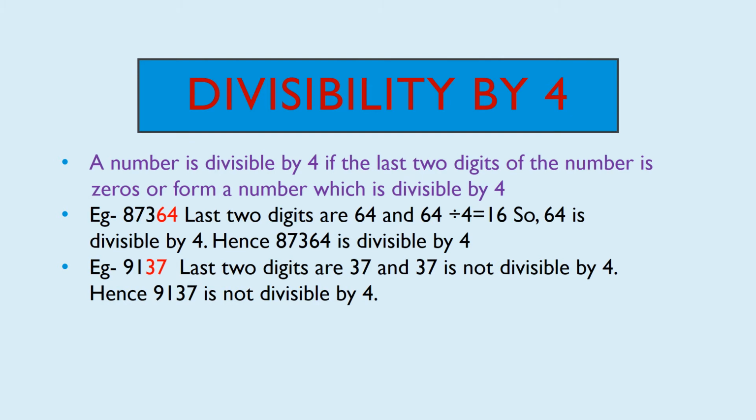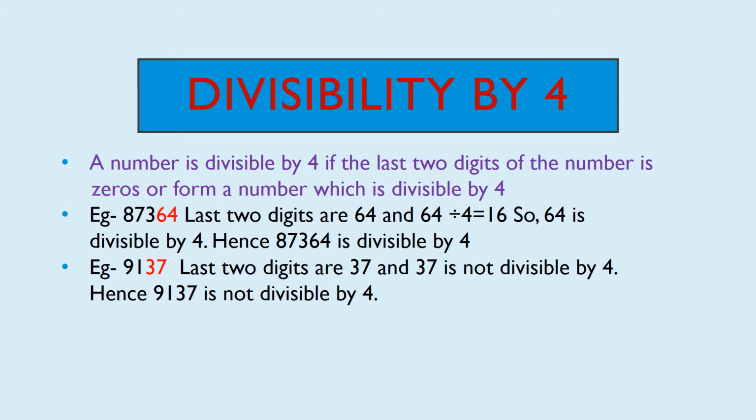Now let us check the divisibility by 4. A number is divisible by 4 if the last two digits of the number are zeros or form a number which is divisible by 4. Now let us see this example, 87,364. Now you can see the last two digits are 64.